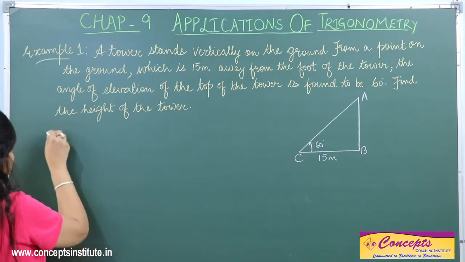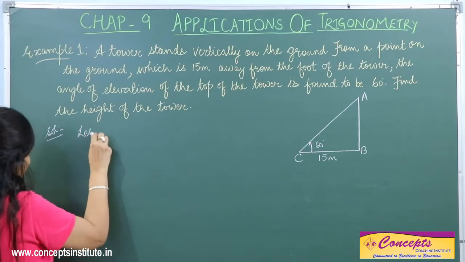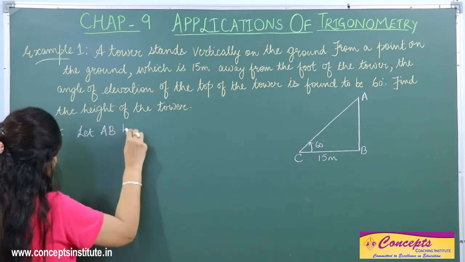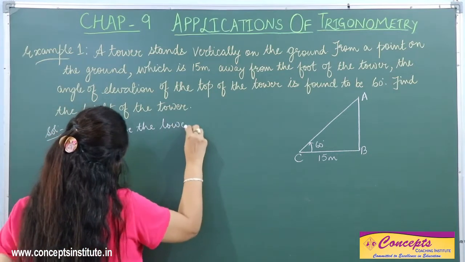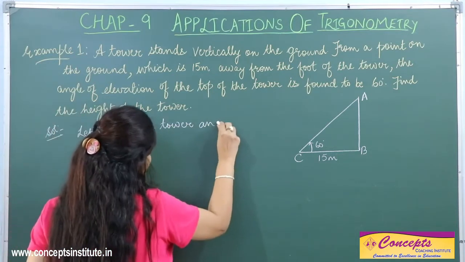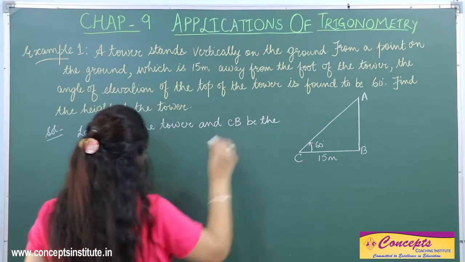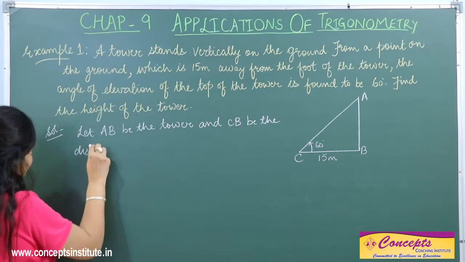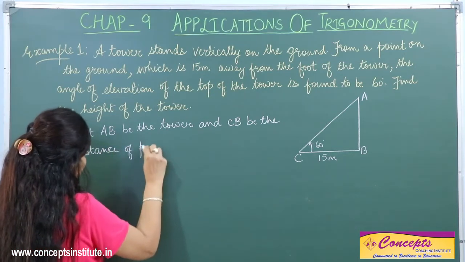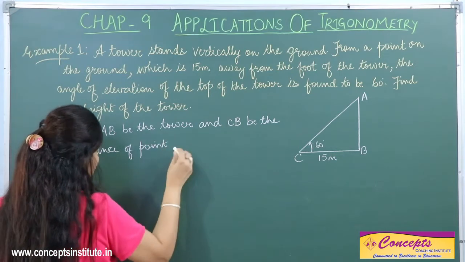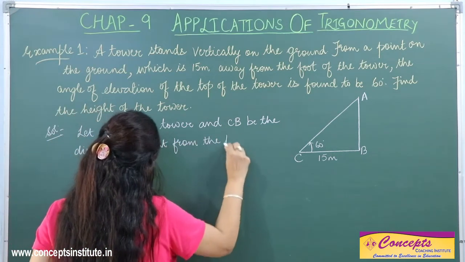So in the solution, first of all I have to write that let AB be the tower and CB be the distance of the point from the foot of tower.